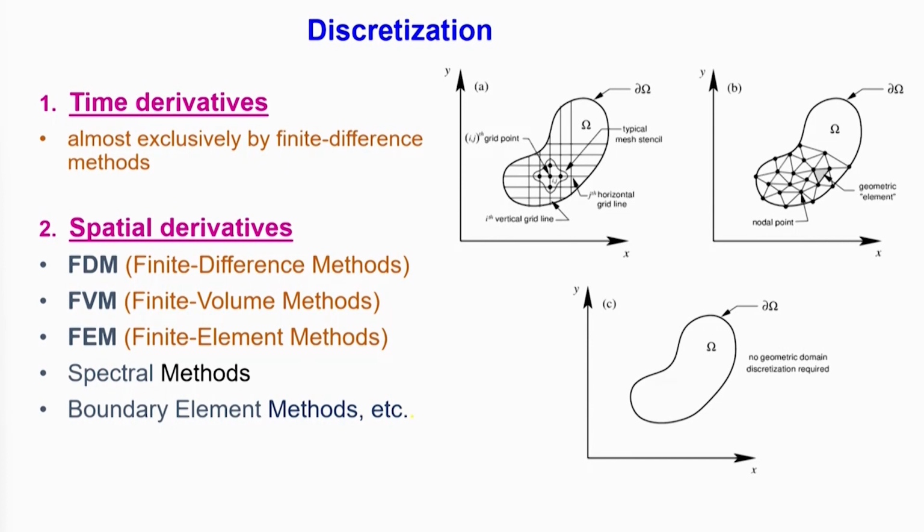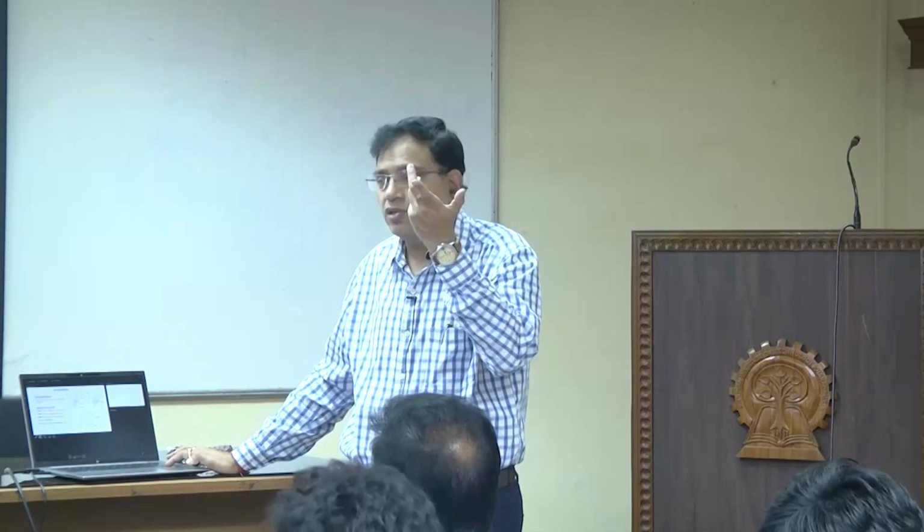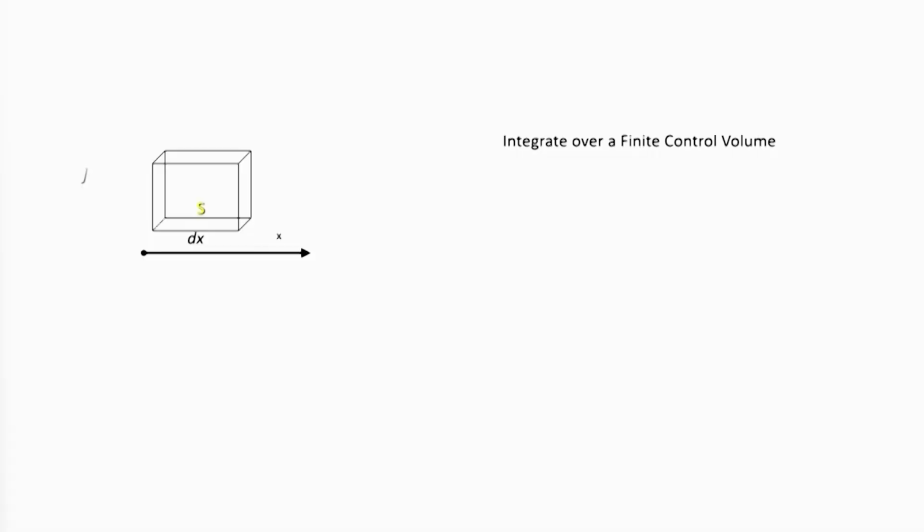Either of these two is possible. When you have that stencil without elements, that is finite difference, and when you have elements or control volumes, they become finite element and finite volume. But in the end they are represented by discrete points, be it an element, a control volume or an intersection of a stencil.